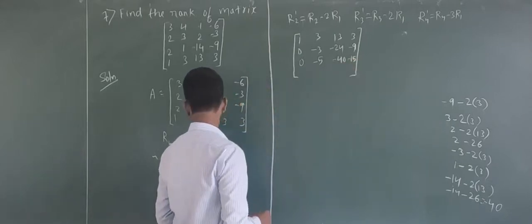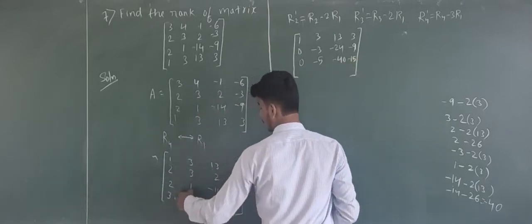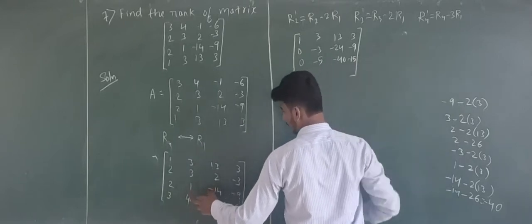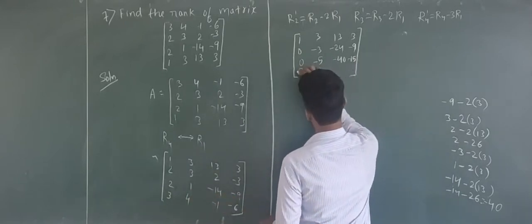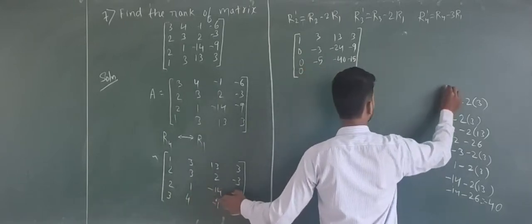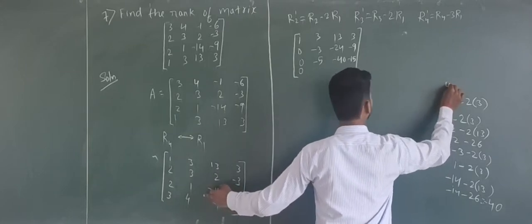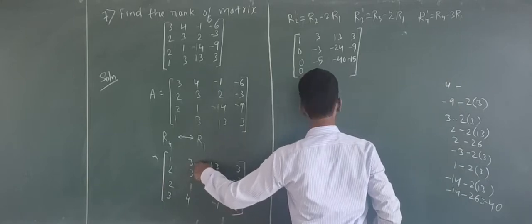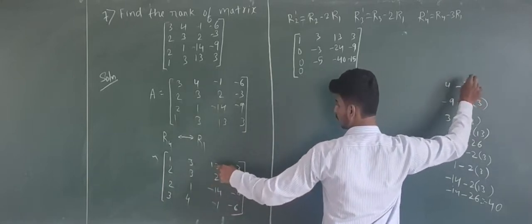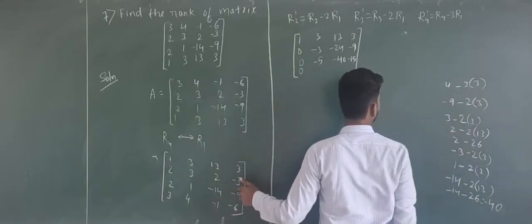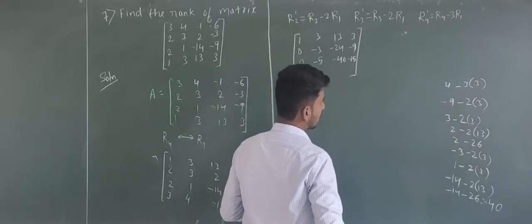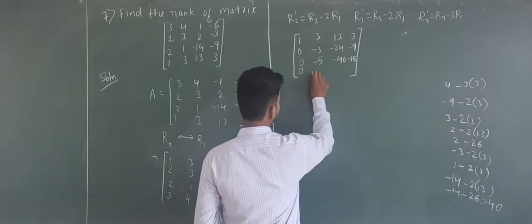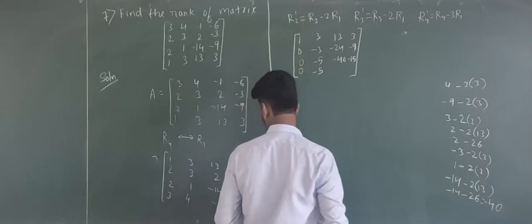For the last row, R4 minus 3R1, the first term will be 0. Next, 4 minus 3 into 3, which is 9, so 4 minus 9 is again -5.